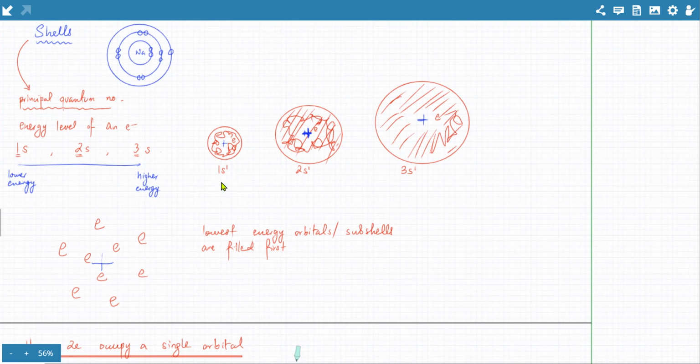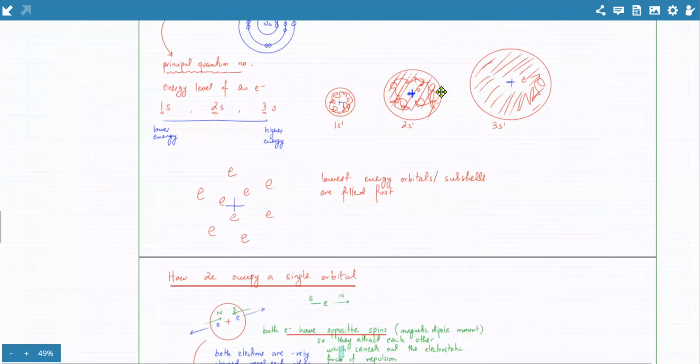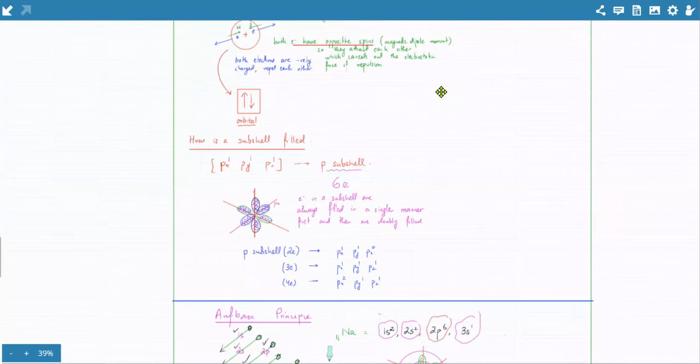That means the electron is occupying a much bigger orbital, and it would be occupying a much bigger region. TK, is this clear? Usman, is this clear?